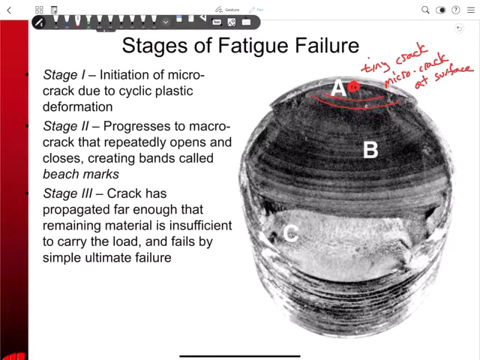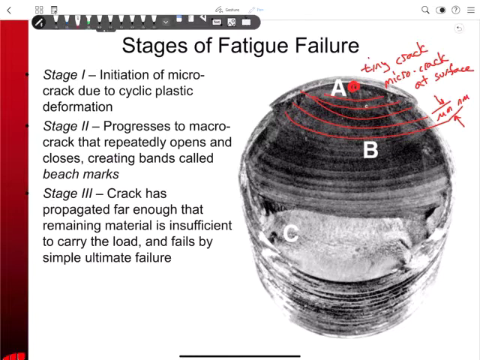We cycle the load again, it gets bigger, cycle again, bigger. Now I'm drawing these huge. It's halfway across in 5 cycles, but in reality, the difference is on the order of micrometers or even nanometers. Really, really small progressions.